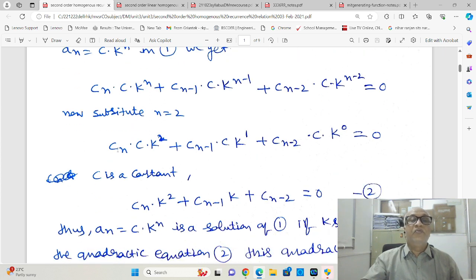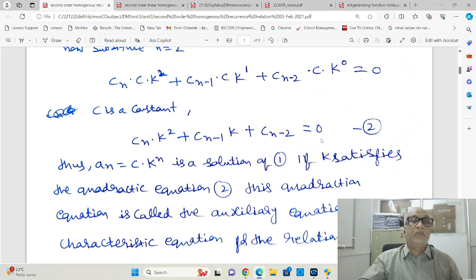So the new equation becomes Cn c k square plus Cn minus 1 c k plus Cn minus 2 c, as k to the power of 0 is 1. Here c is a constant, so we can remove this c. So our new equation becomes Cn k square plus Cn minus 1 k plus Cn minus 2 equal to 0.